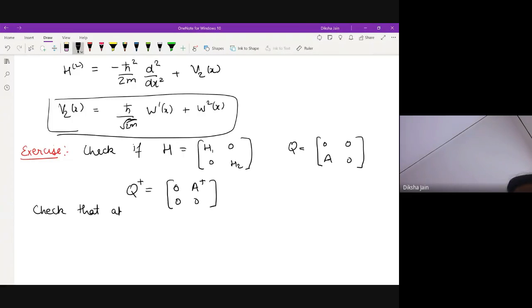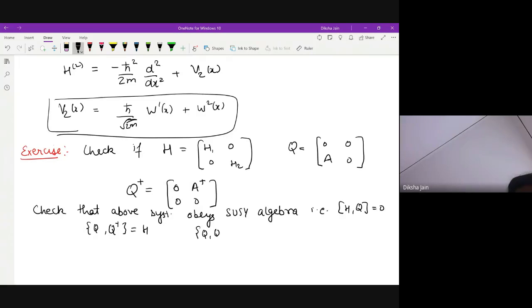That is, H commutes with Q, the anticommutator of Q and Q dagger gives you H, and Q and Q dagger each square to zero. Check this as an exercise.